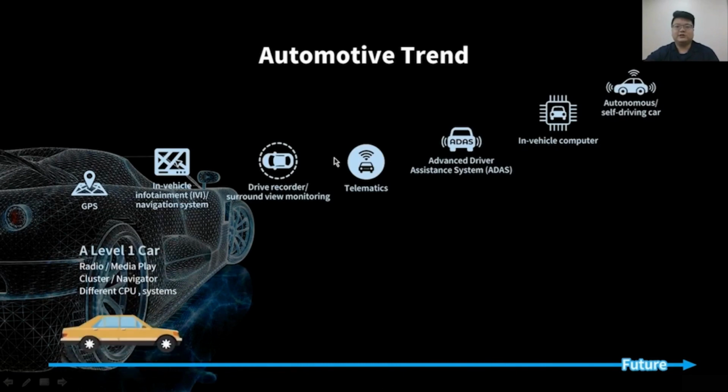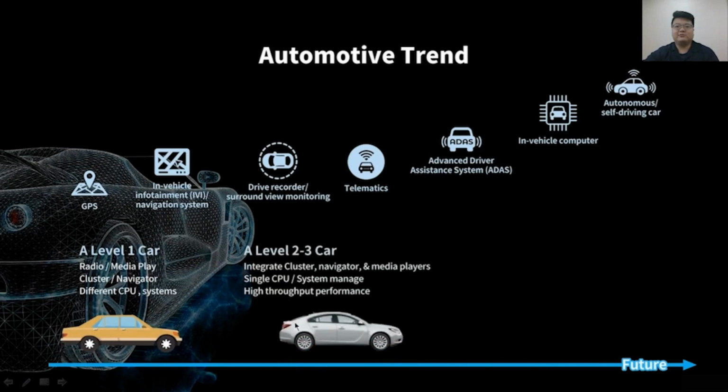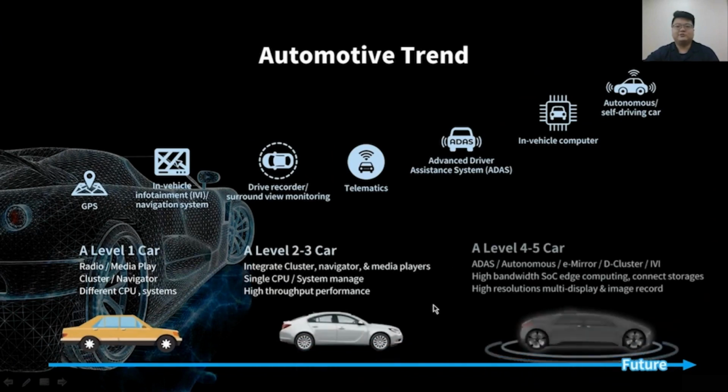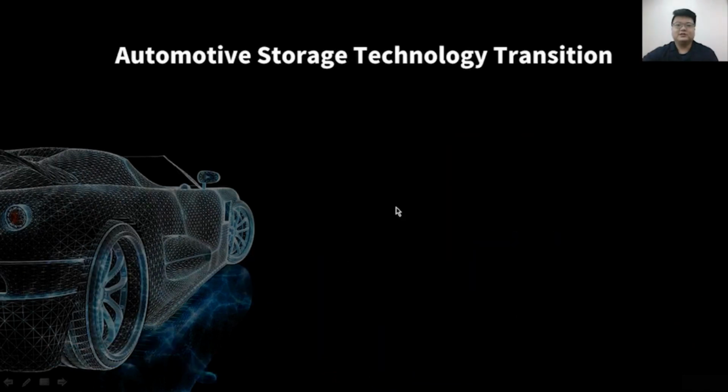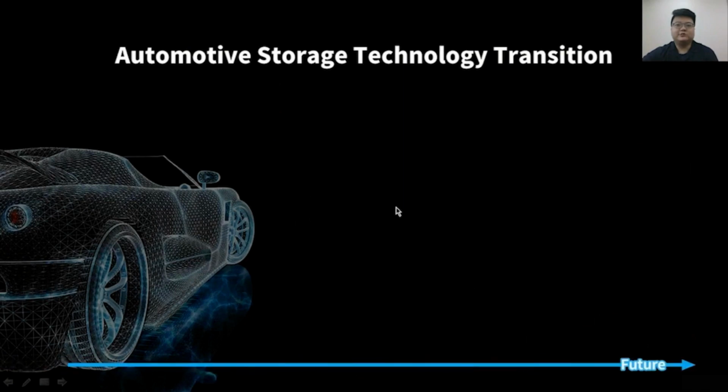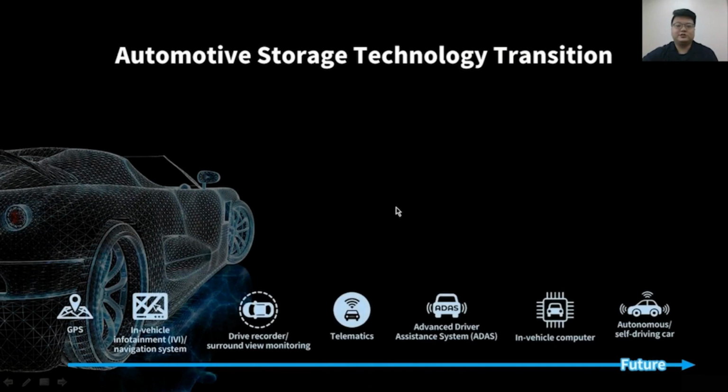Autonomous driving technology also changes very fast, from partial driving to full driving automotive in the future. So the electronic content becomes a bigger and bigger part of the vehicle. The storage technology is also growing to fulfill each of the technologies and applications.